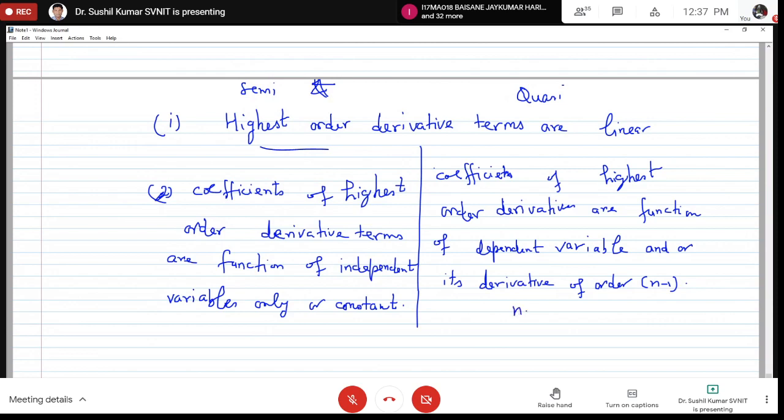I'll explain it. Where n is the order of PD. See, what is the change here? This is the change here.